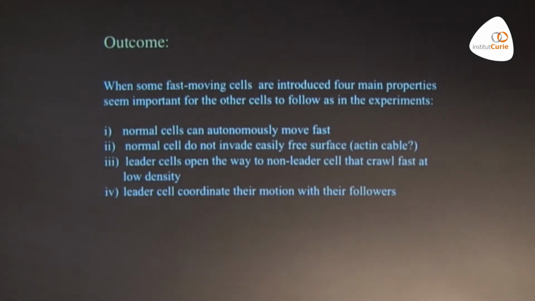So the ingredients that we came up with are that the normal cells can move on their own fast if the density is small enough, that they do not invade the free surface easily, and also that if the leader cell goes and nobody is following it, then it stops until there is motion again, so it coordinates its motion with the followers.